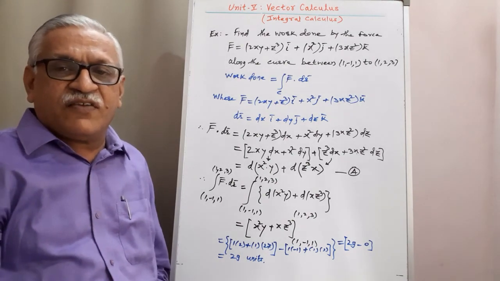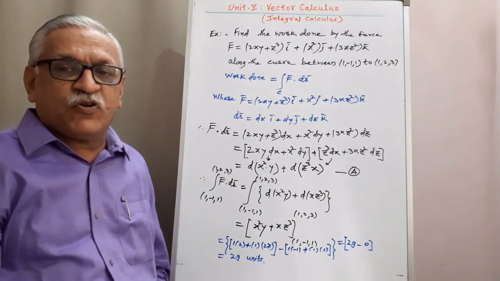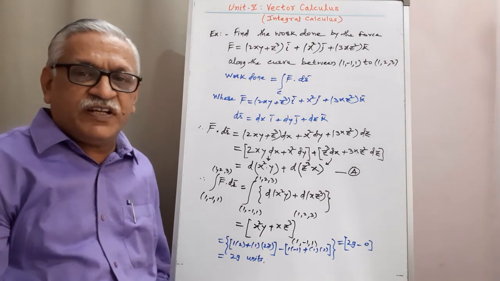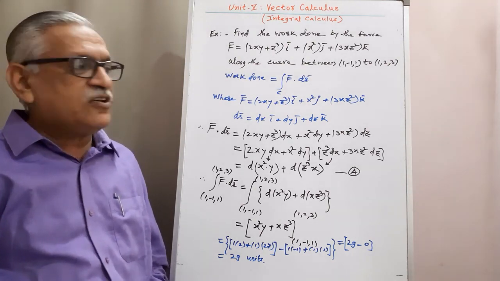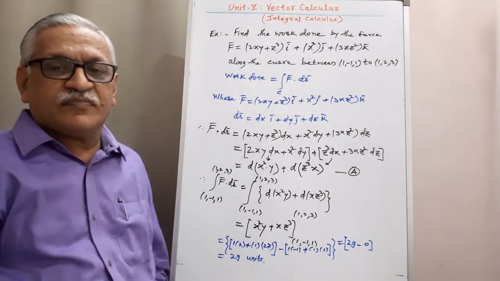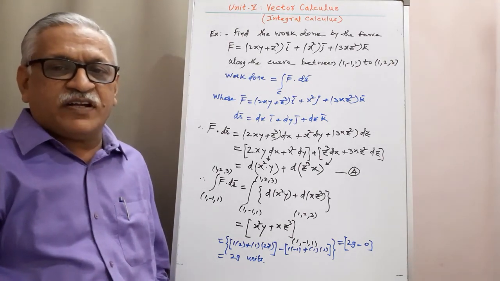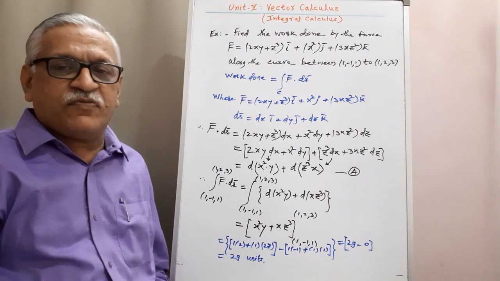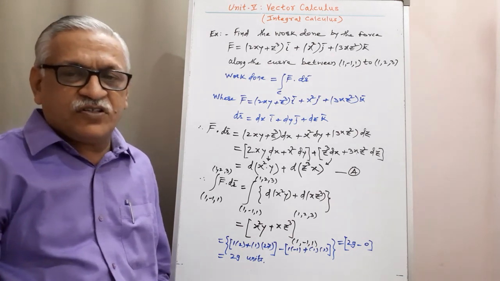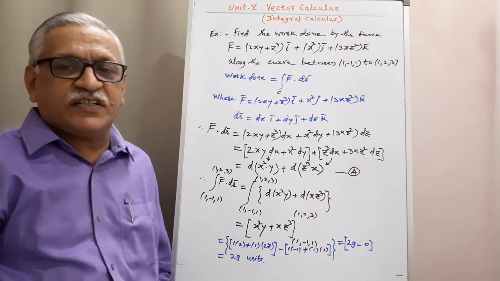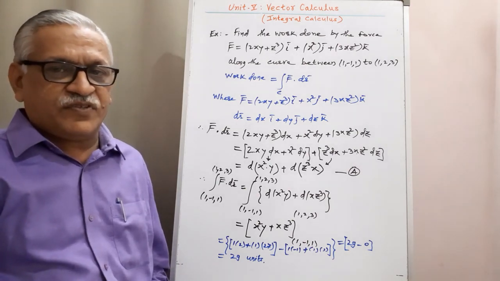Therefore, once again I will repeat the important steps. In the first part, we required to show that vector function f bar is conservative by obtaining the value of curl of f bar. And if we get curl of f bar as 0, we can say that function is conservative.